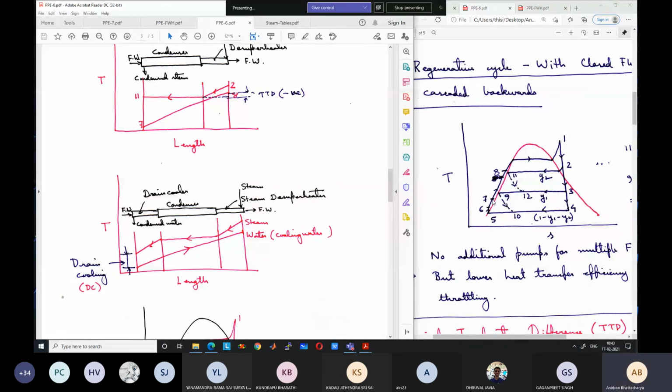But otherwise, one advantage: if there would have been a drain cooler for the last stage, and the last stage was cascaded backward, then the drain cooler would have been very useful because we could have extracted a lot of energy from here. So I will just draw it here. The drain cooler would have gone like this, and our isenthalpic process would have started from here.